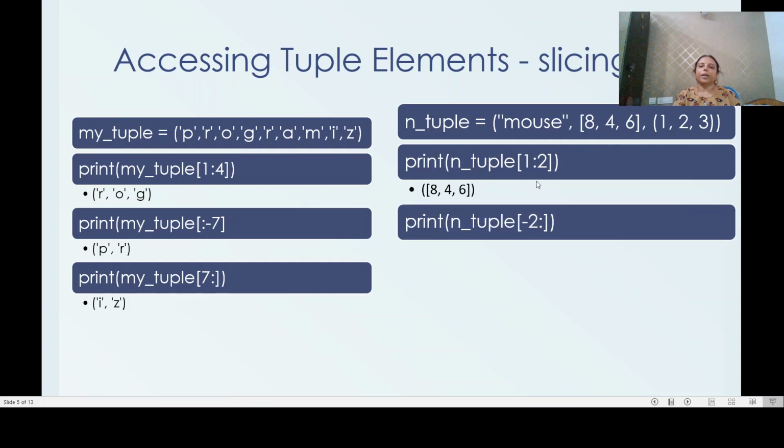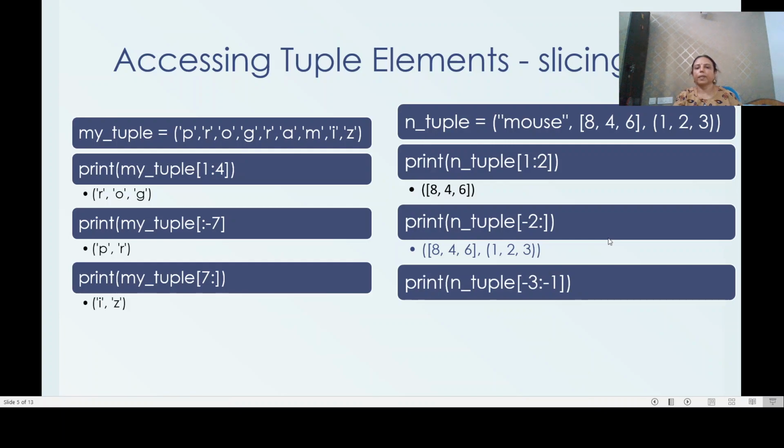Then you have minus 2 colon. It will start with minus 2 and go to the end. So you will get minus 1, minus 2, then from this to the end, so you will get this value, this value. Remember, when you are getting the output for a tuple, it will be enclosed with parentheses.